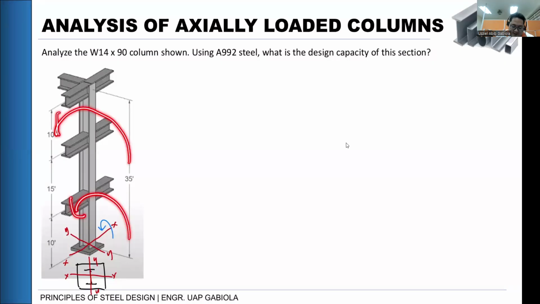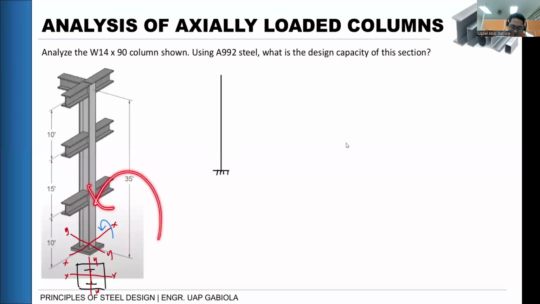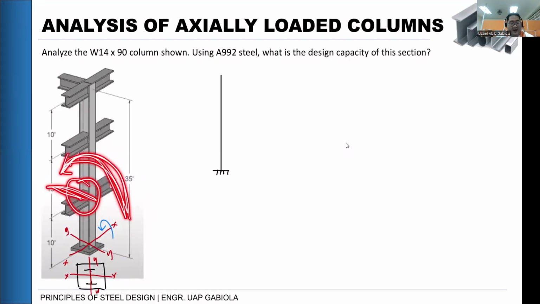So, pag titingin ka ngayon, kung paano mo i-graph yung strong axis mo, ganito yung magiging itsura niya, parang yung free body diagram niya. It will be a fix at the end. And then, ano ba yung mga tumutulong dun sa mismong bending natin? Mapapansin natin, dito sa level na 'to, wala naman siyang beam na nakatukod para i-counteract 'tong moment na 'to.